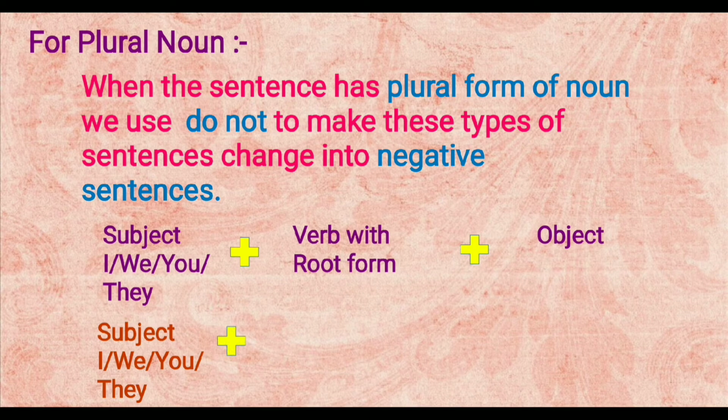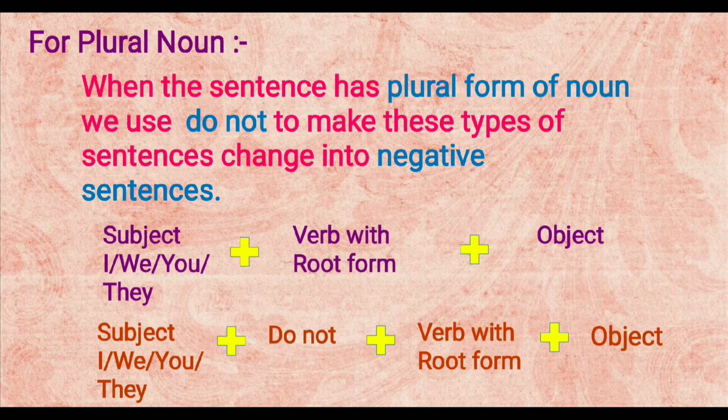Then we use do not to make it negative. Then the verb in root form, which means we do not change it. Whatever the verb is in the positive form, we write it in the negative sentence without any changes. So it will be easy for you. And then the object part of the sentence.